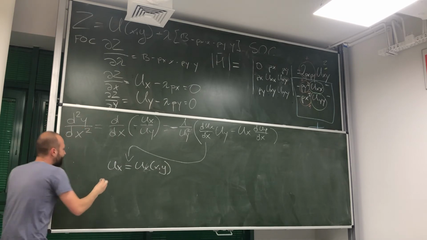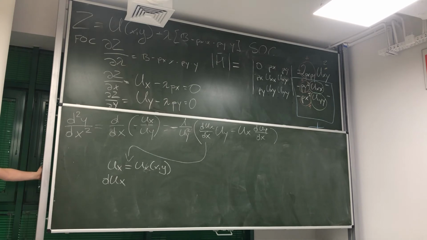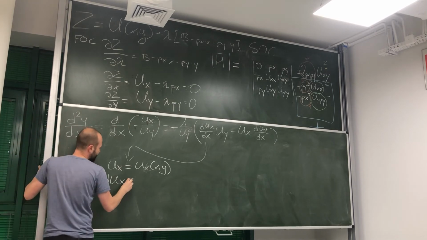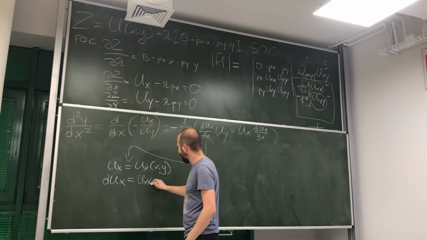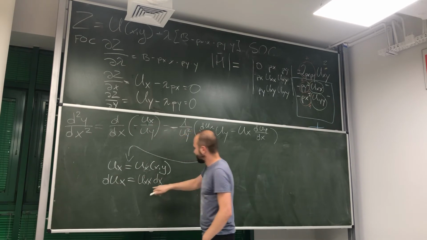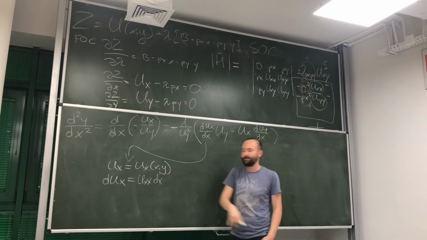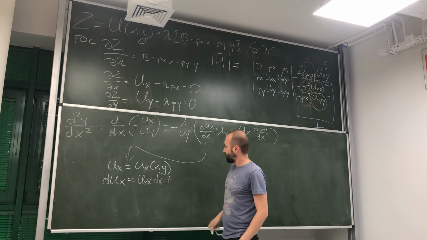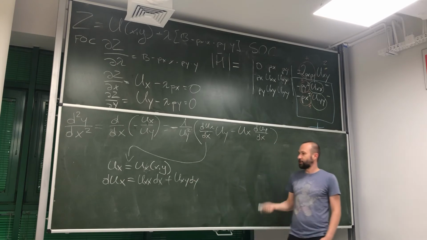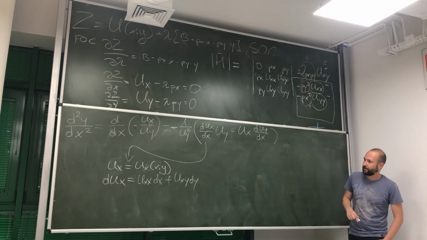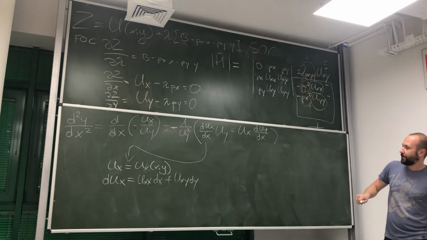So the differential dux, so the change in marginal utility with respect to x, can come from two sources, right? Uxx dx, so the partial derivative with respect to x times the change in x, plus uxy dy, so the partial derivative with respect to y times the change in y, right?